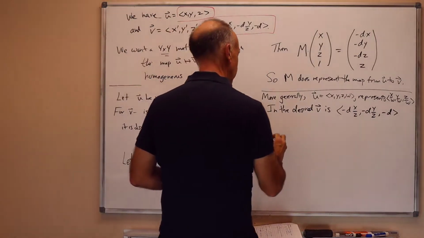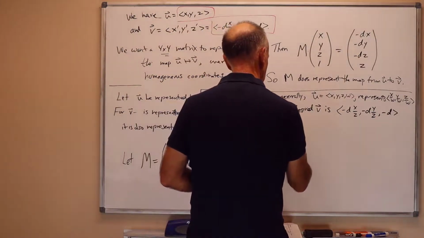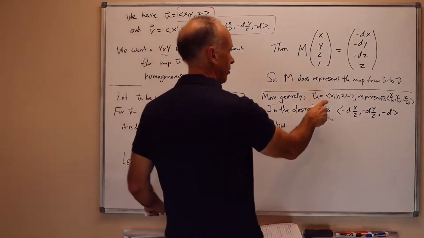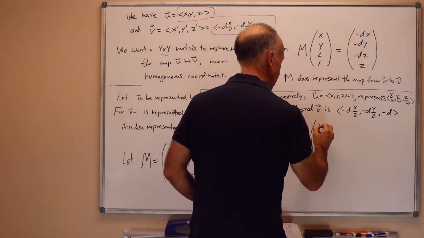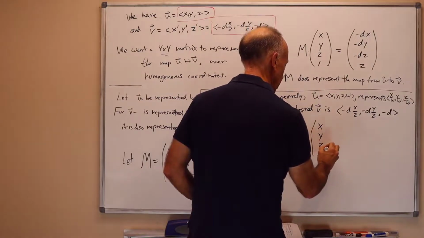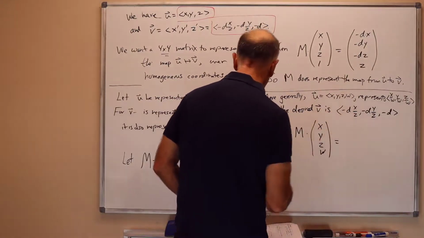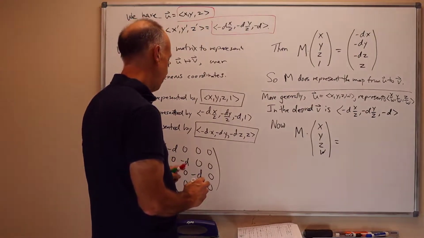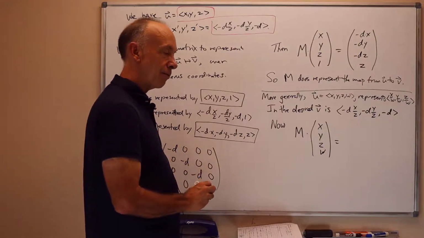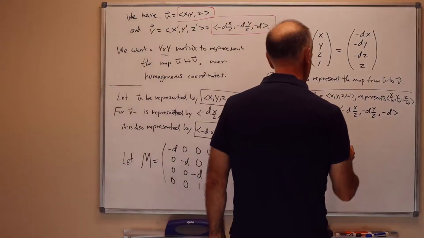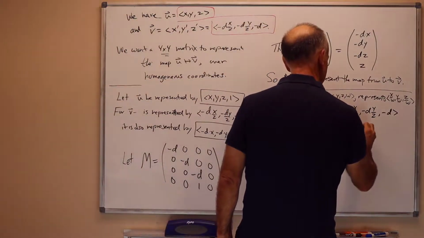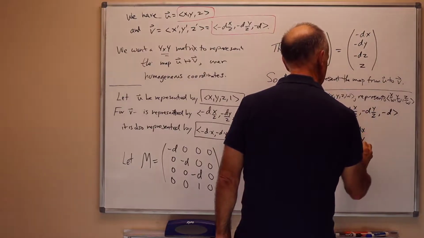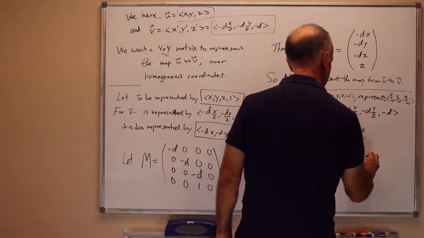In this case, now we take M, this same 4x4 matrix, times this new U, x, y, z, w. And well, you can see that, in fact, the matrix is all zeros in the fourth column, so the w has no effect. And it is equal to negative dx, negative dy, negative dz, z again.